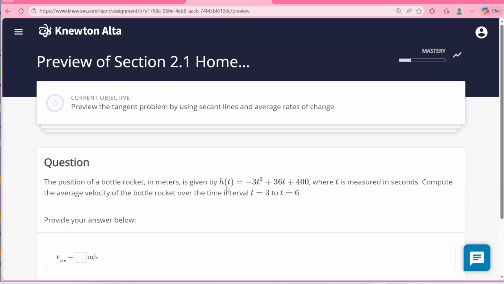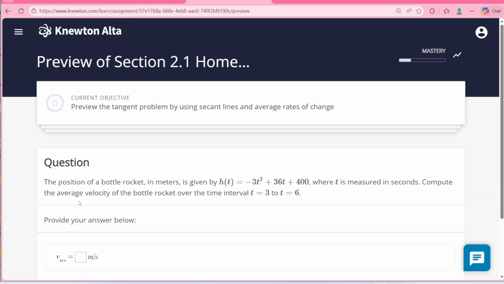So h of t equals -3 times t squared plus 36t plus 400, where t is measured in seconds, so t is time in seconds. And again, h is height in meters, position in meters, off the ground of this rocket. We want to compute the average velocity of the bottle rocket over the time interval from 3 seconds to 6 seconds.